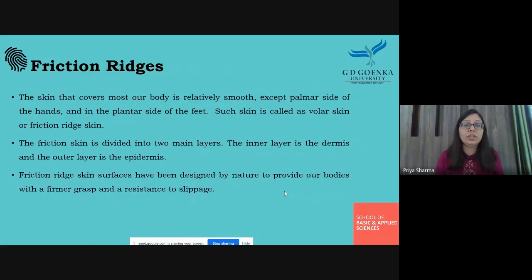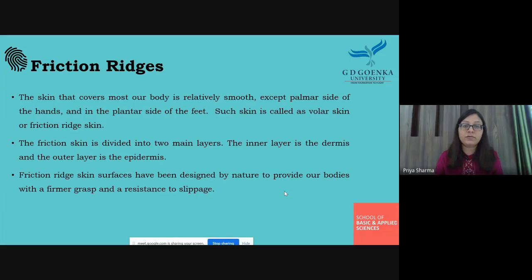A little bit about the structural part of friction ridges. As you must have seen, the skin of your body is relatively smooth except the palmar side, or the plantar side of your feet. That skin is known as friction ridge skin or volar skin. The main function of this friction ridge skin in our body is to provide our body with a firmer grasping power and resistance to slippage.